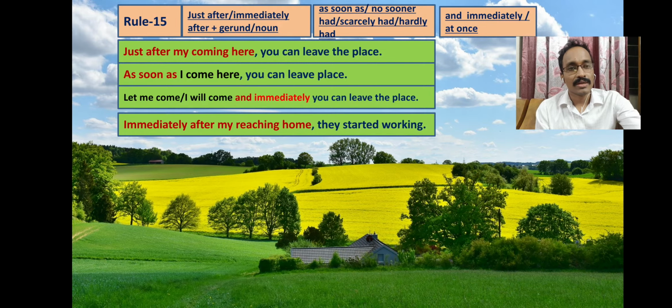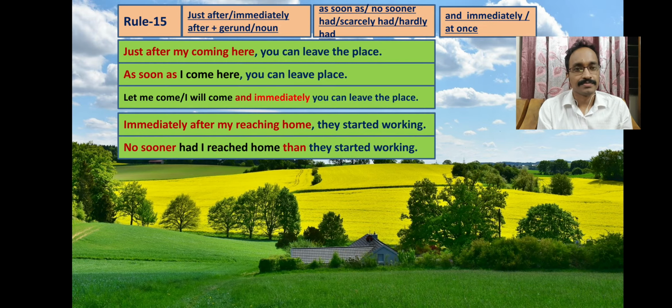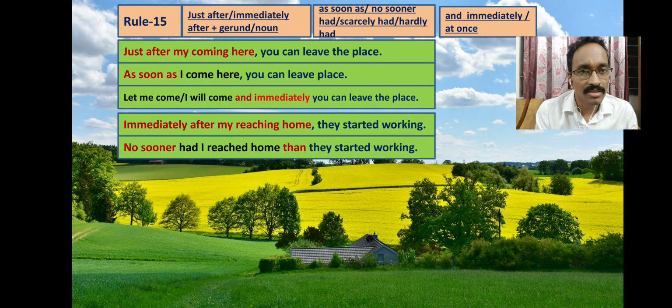So how to make it a complex sentence? See, no sooner had I reached home than they started working. They started working, this principal clause, has been kept as usual, but the first part has been turned into a clause using no sooner had than.